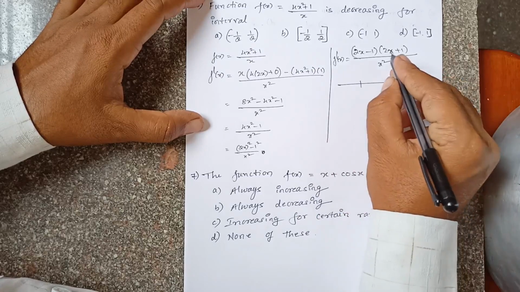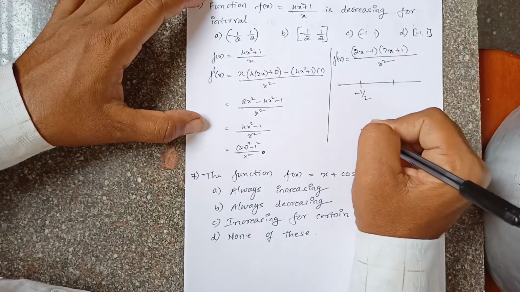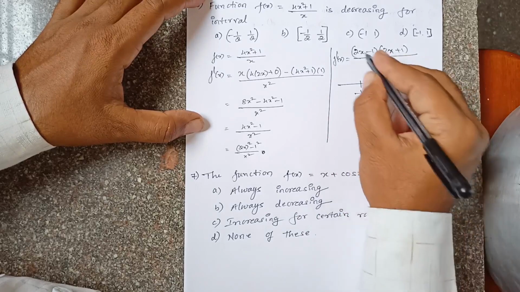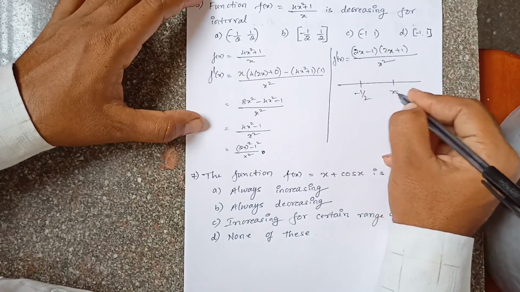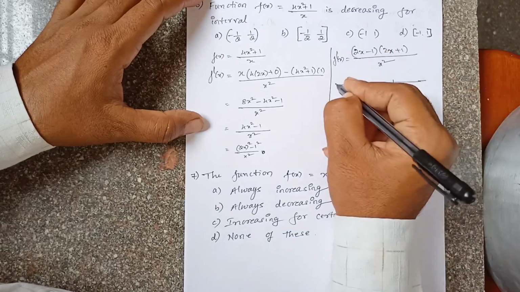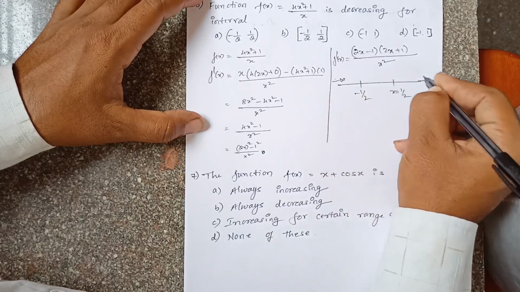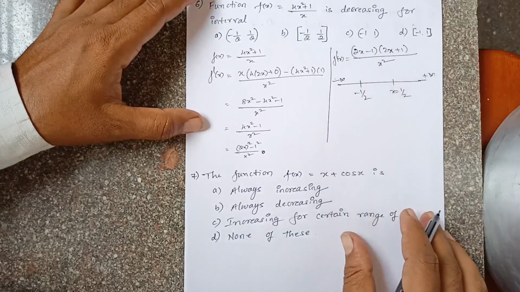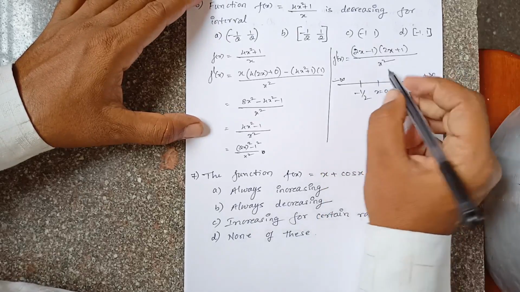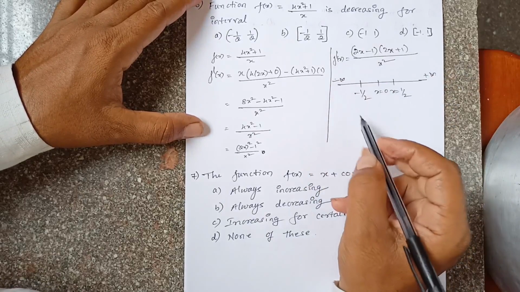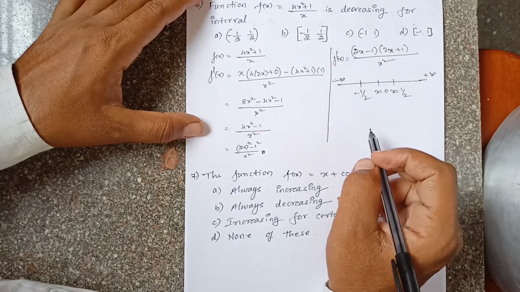From this factor, x is equal to minus 1 by 2. From the factor 2x minus 1, x is equal to 1 by 2. Domain is minus infinity to plus infinity, and x is equal to 0 also: at x equal to 0, f dash of x is not defined. We should consider that interval also.